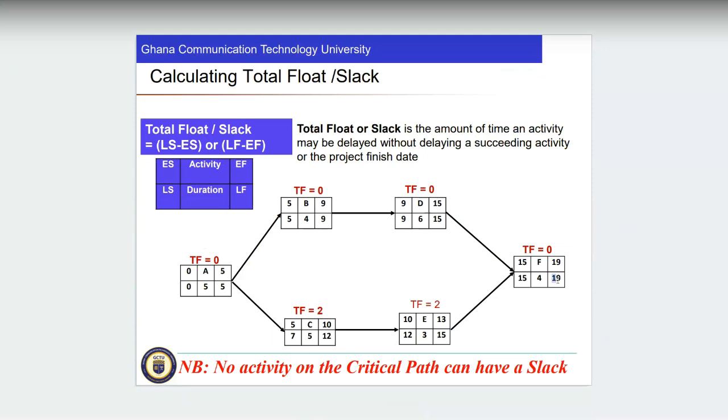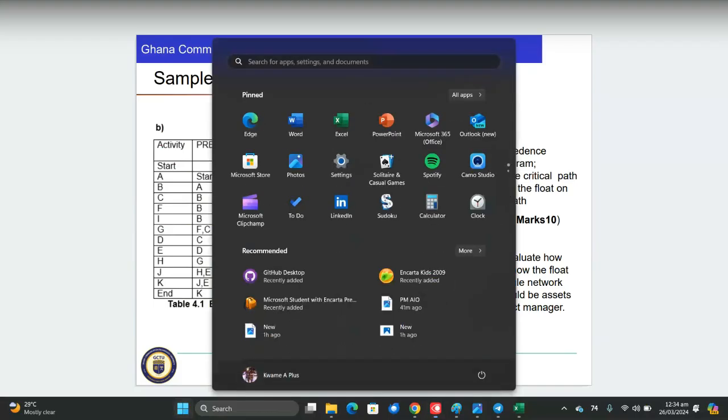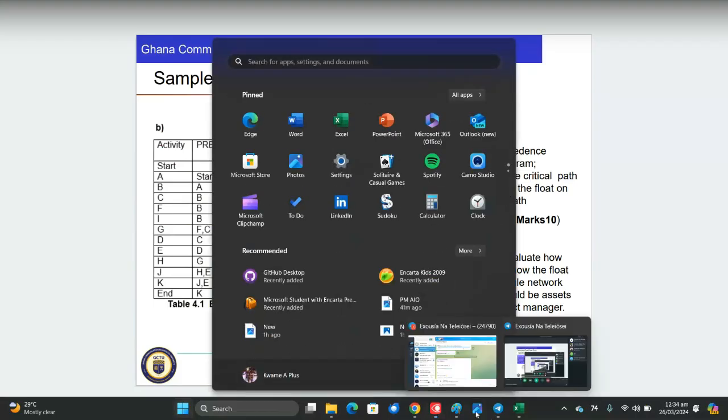Always take note: the last figure you get after doing the forward pass is the critical path.